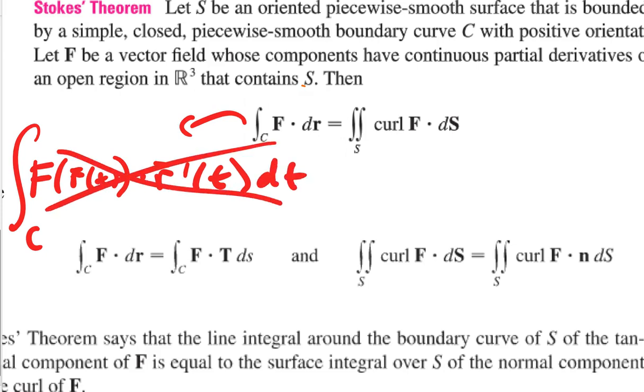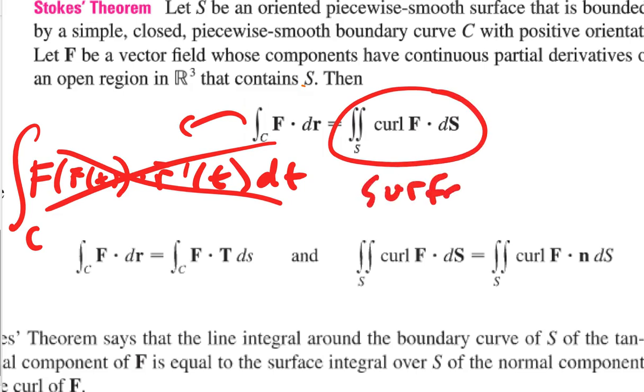Instead of doing that, what you can do is you can actually do the surface integral instead, if C is the boundary of a surface, of the curl of F.